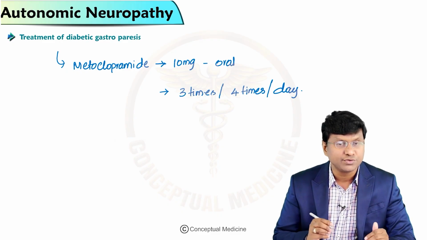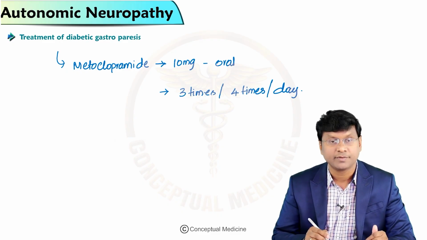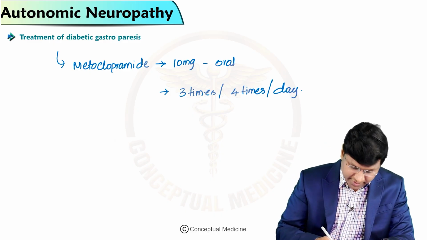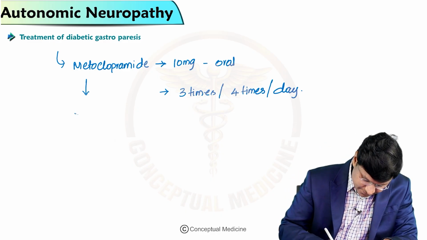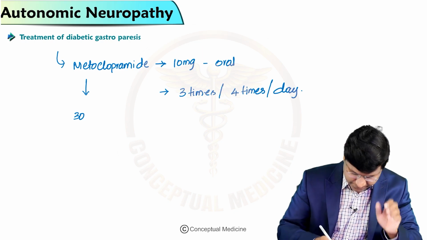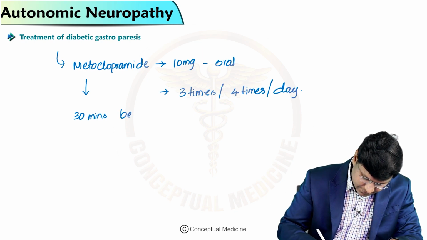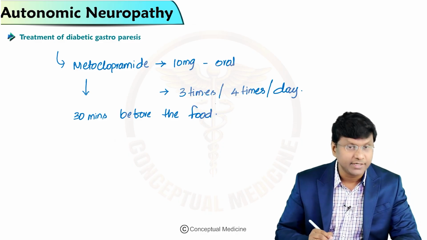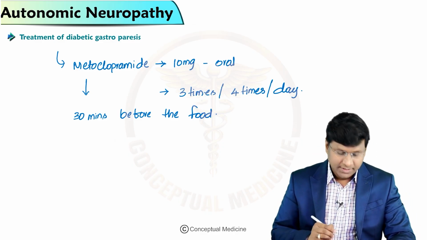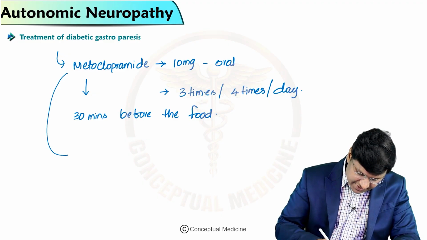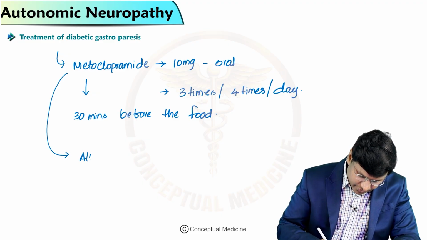And when should you give this metoclopramide? This metoclopramide should be given 30 minutes before the meals. 30 minutes before the food intake, you need to give this metoclopramide. Now, what are the adverse effects which are associated with the metoclopramide?